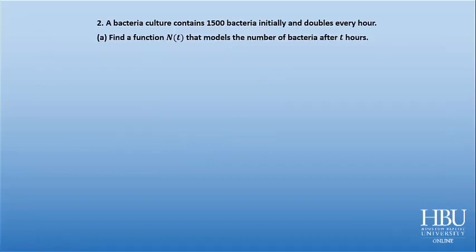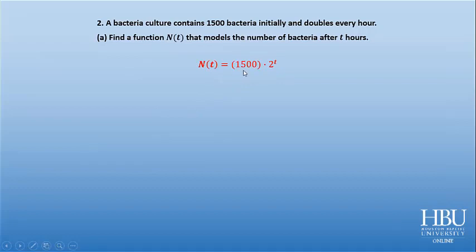Here is an example of exponential growth. Let's say that a bacteria culture contains 1,500 bacteria initially, and it doubles every hour. Find a function, n of t, that models the number of bacteria after t hours.